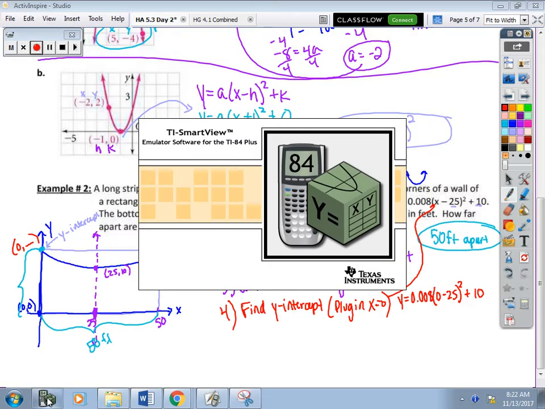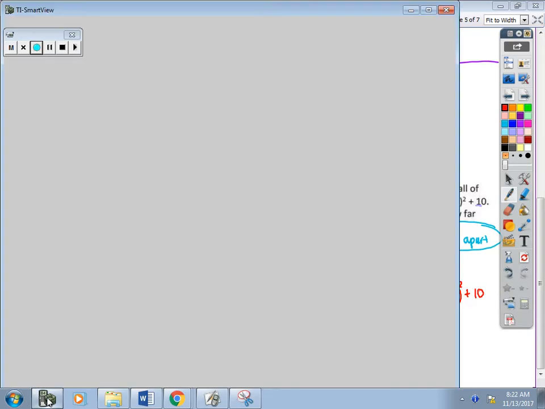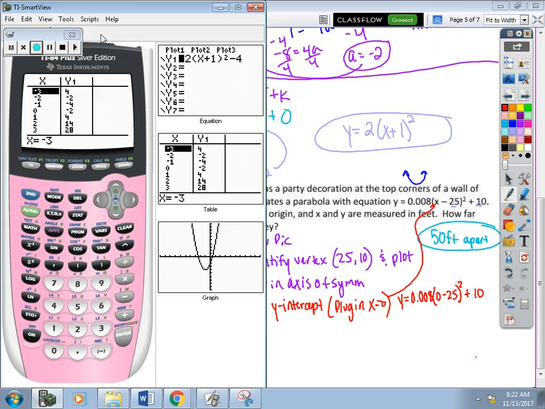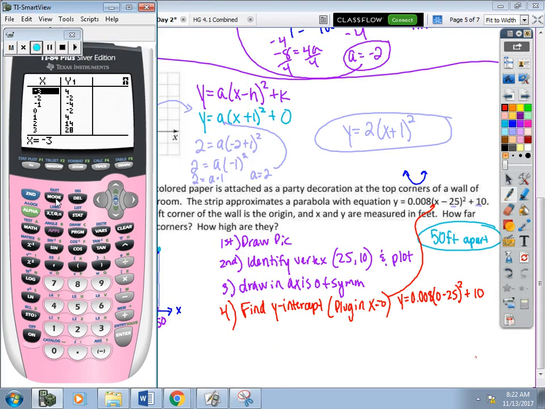You don't have to do it piece by piece if you're using the calculator. Obviously if the numbers were smaller we would do it by hand, but so 0.008 times 0 minus 25, close parentheses, square it, and plus 10. We should get 15.